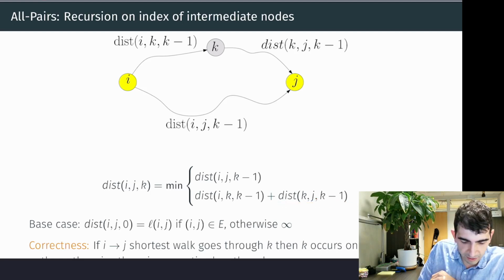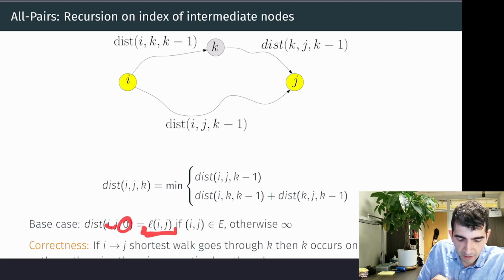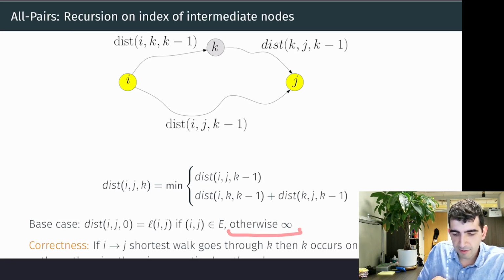So you see this recursive function. And again, you have the base case where the distance between i and j using no vertices is simply the length of an edge if it exists between i and j, and otherwise it's infinity. So that's the base case.